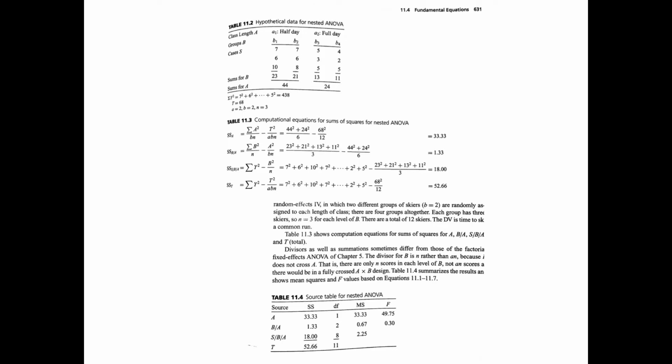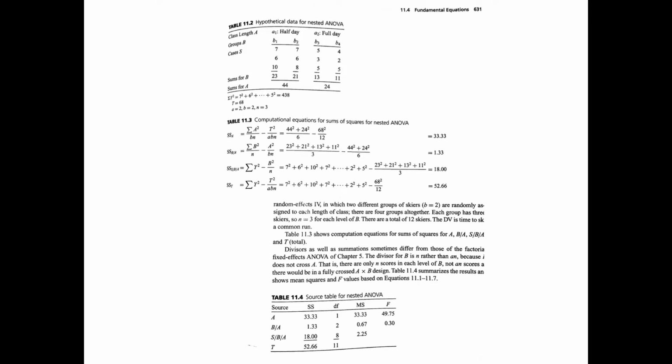You're going to get a sum of squares for A, which is your half day versus full day variable, and this is an example based on skiing. So you have skiers who either skied a half day or a full day. And then within that you have two groups, so maybe those two groups had different instructors or something like that. But these groups are nested within half day and full day.